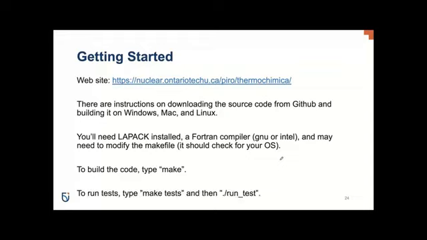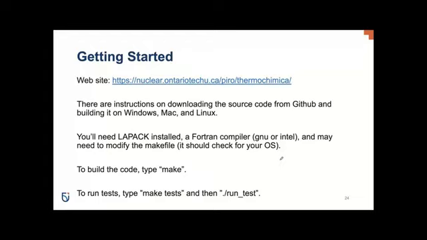If you were to build it, I would strongly recommend that you run all of the tests. That's simply done by typing make tests and then run tests to execute them. We have a software testing tool called Travis that automatically tests Thermochimica on a daily basis.